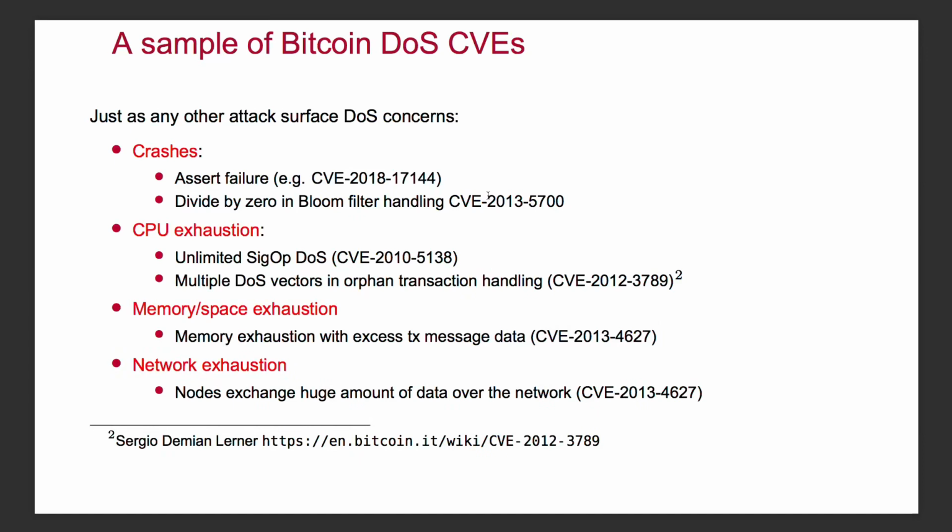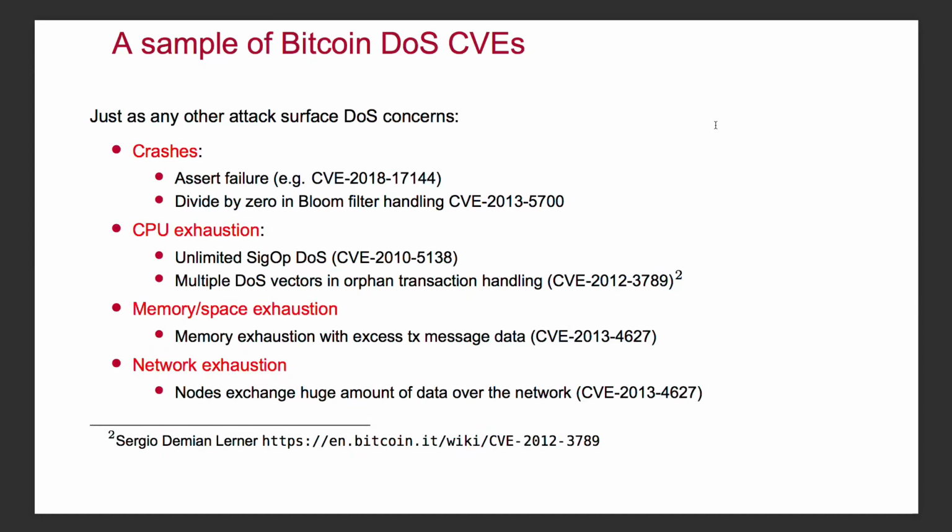There were problems with orphan transaction handling, so processing blocks and transactions is kind of involved. It's likely that DoS vectors will happen while transactions and blocks are being processed. There's also memory and space exhaustion.